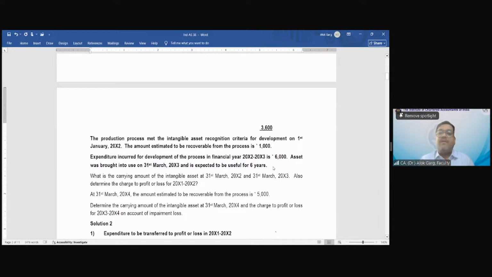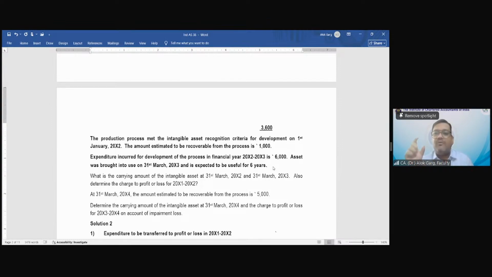So again, it will be added to the development cost, to the intangible asset under development. अभी development phase चल ही रहा है, okay? In the last year, up to 31st March 20x2, it was 900. So now this 6000 rupees will also be added to the intangible asset under development.